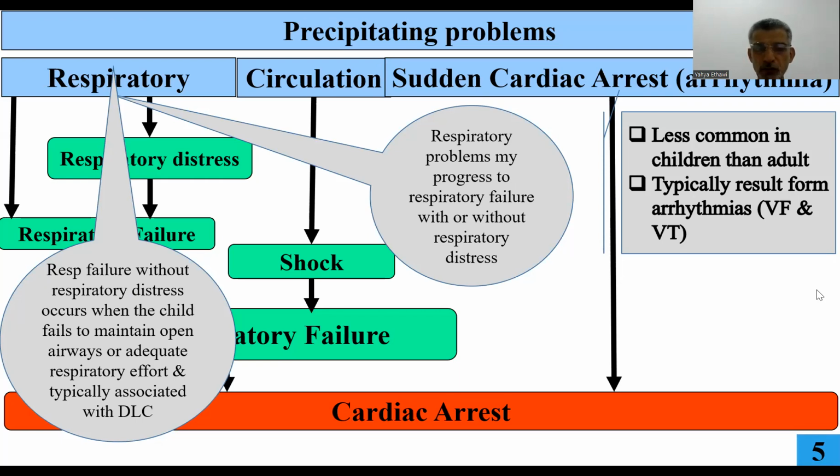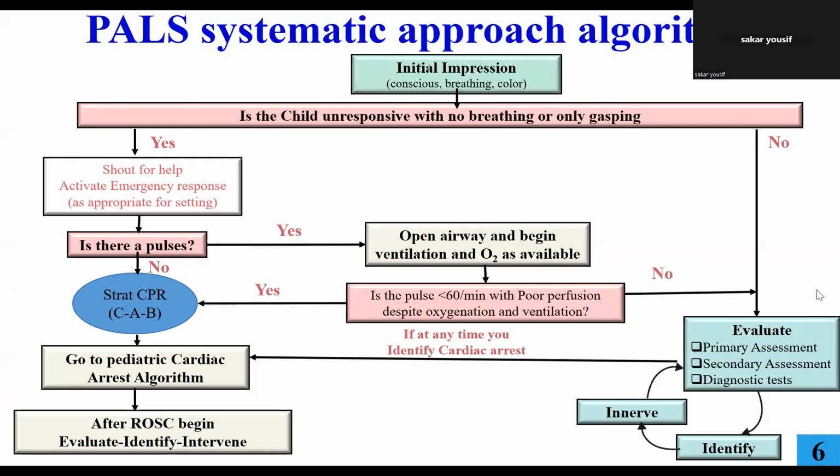Most of the time, respiratory failure right away without distress happens when the child cannot open or fails to maintain an open airway. We will talk later about what is upper airway and lower airway.